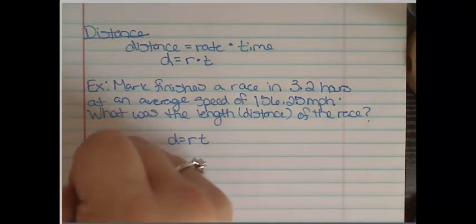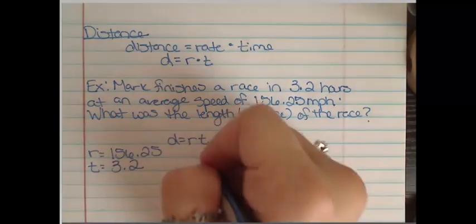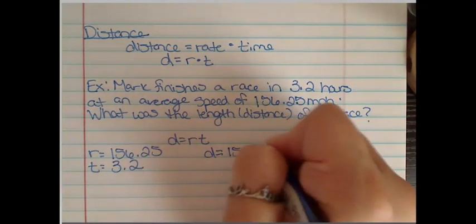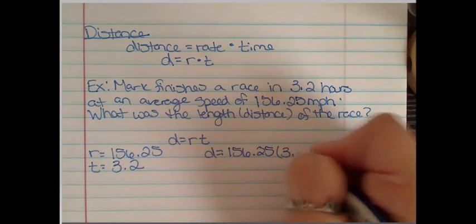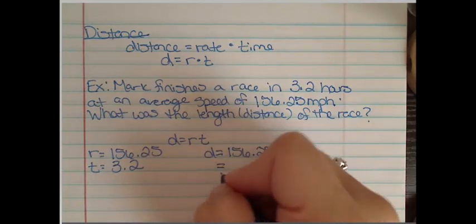So we just need to find our D. So D equals 156.25 times 3.2. If you put that into your calculator, you'll find out that it's 500 miles was the length of his race.